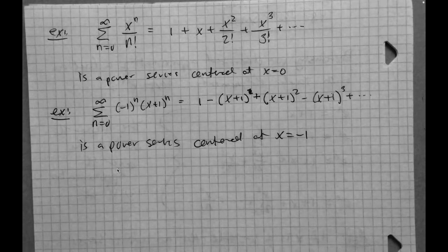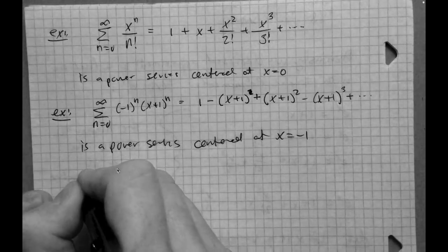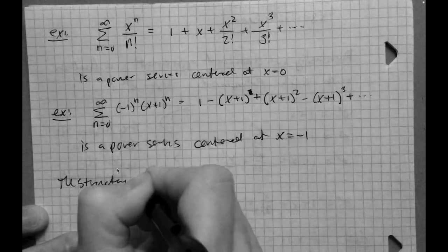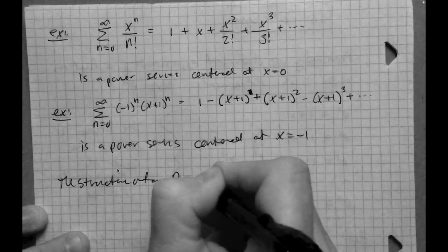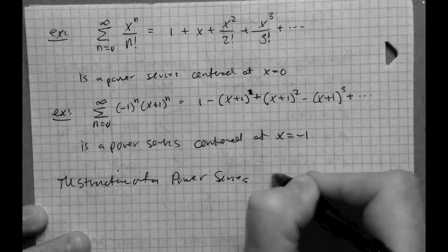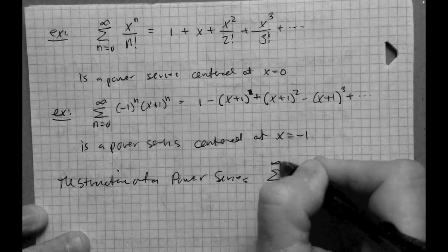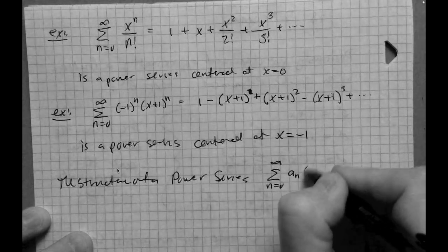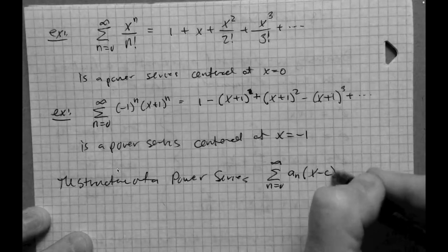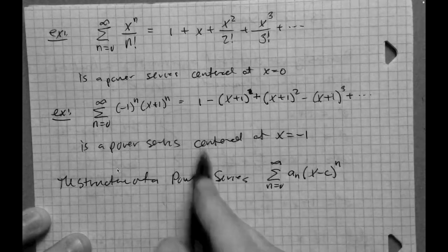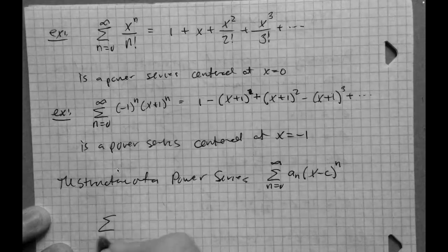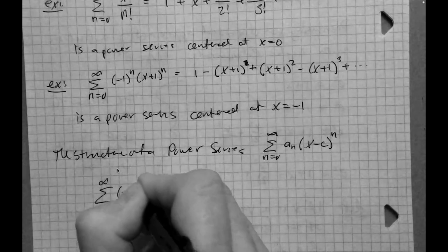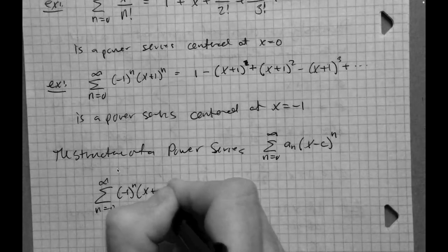Okay, so let's keep in mind the structure of a power series, what it looks like. This has the form n equals 0 to infinity of a sub n times x minus c to the n, right? So in our example, n equals 0 to infinity of -1 to the n times x plus 1 to the n.